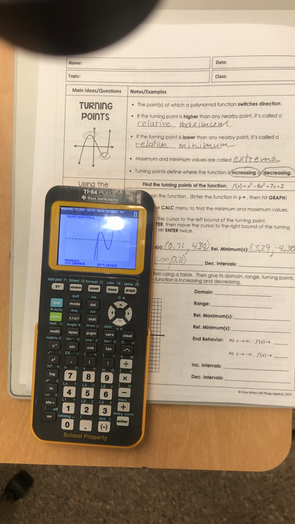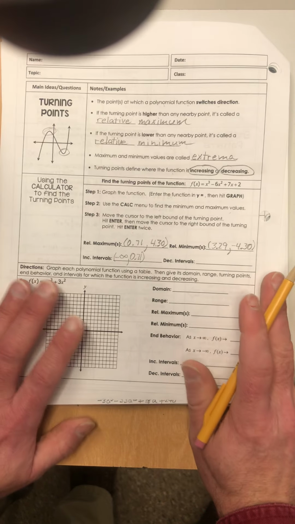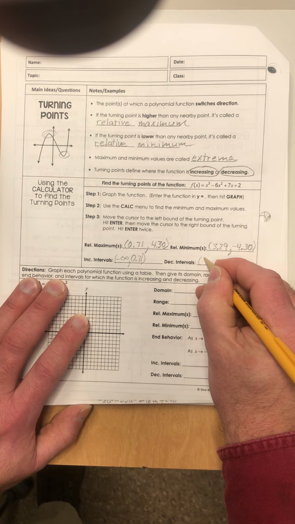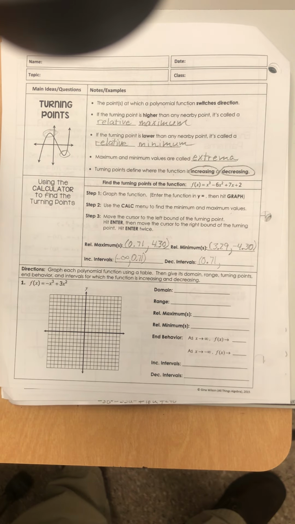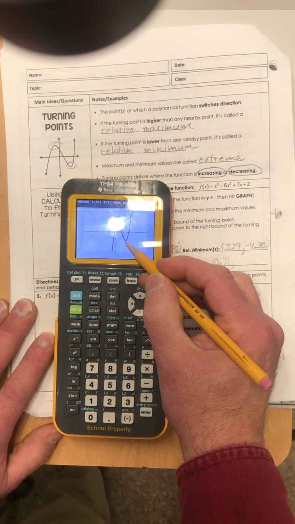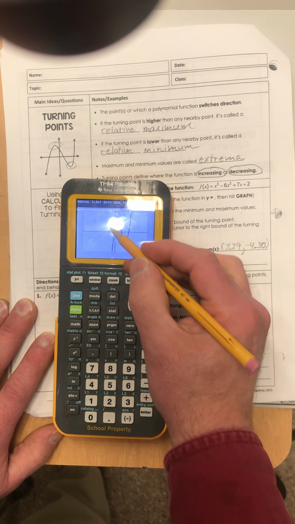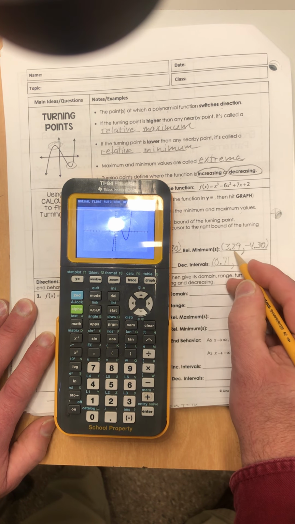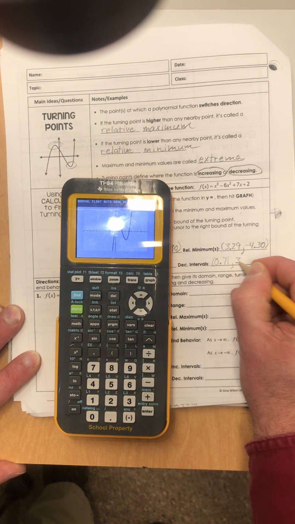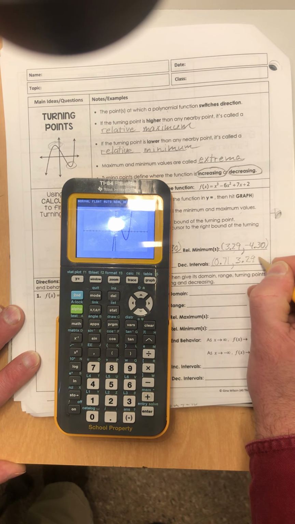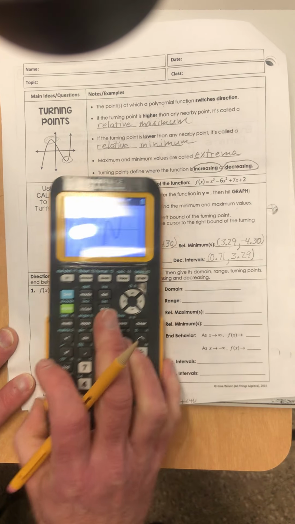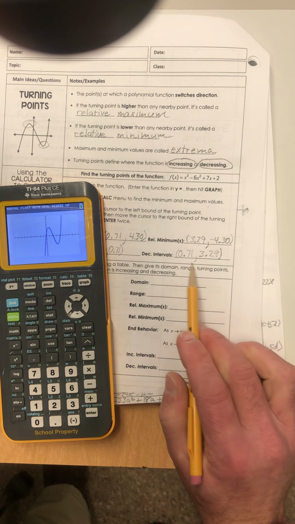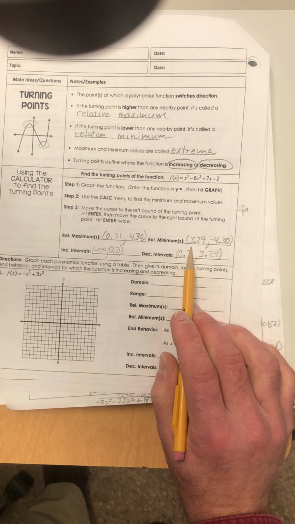Then it's going to decrease from 0.71, and how far is it going to decrease? Down to the x value of the minimum, which is 3.29. Where is it decreasing? It's decreasing from 0.71 to 3.29.